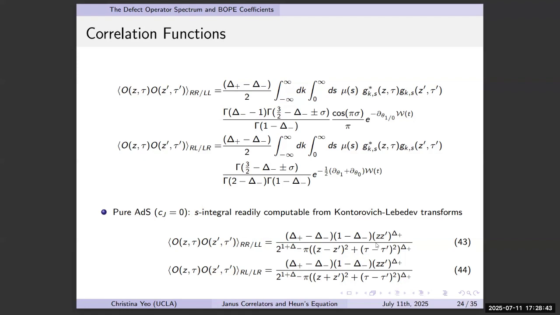In that sense, the CJ non-zero case corresponds to a conical geometry. Because CJ equals 0 corresponds to M equals 0. So M equals -1 is global AdS3, and M equals 0 is pure.